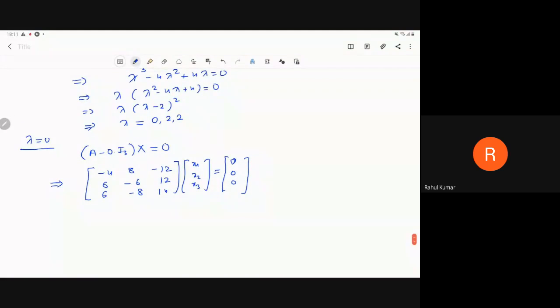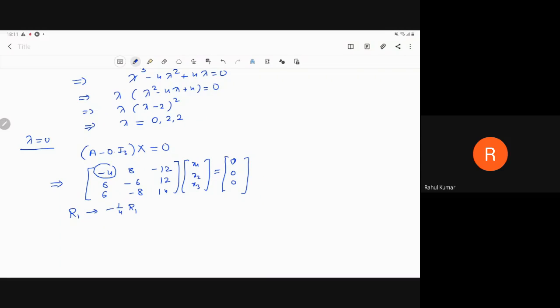It is always good to make 1 at the first entry. So what operation should I apply on the first row so that I get 1 here? Replace R1 by minus 1 by 4 R1. Am I right?